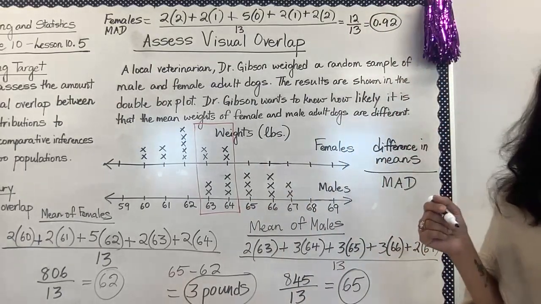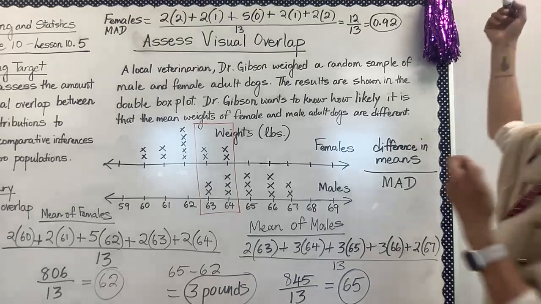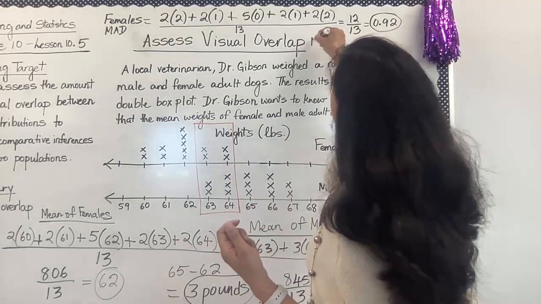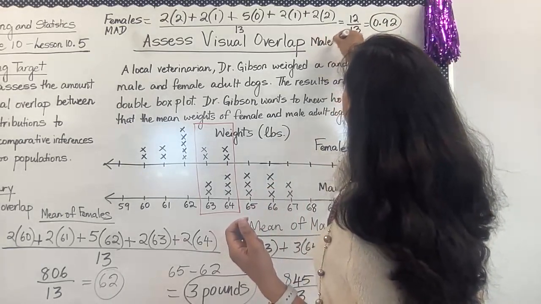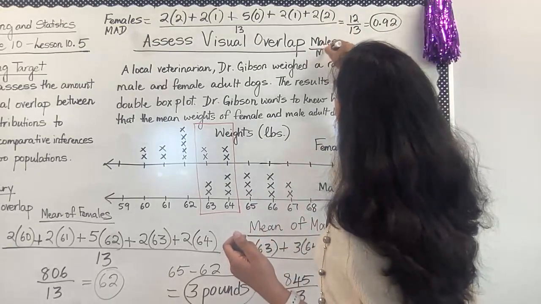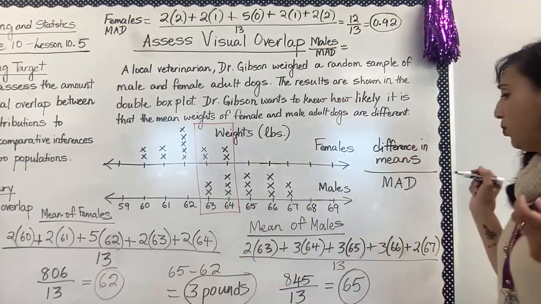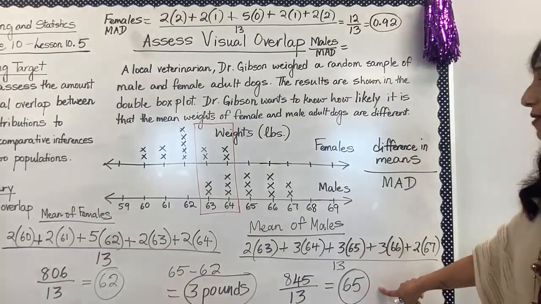In the same way, I am going to calculate the mean absolute deviation of the males. So for the males, I'm going to write that here. The mean absolute deviation. And we can see that in males, the mean was 65.